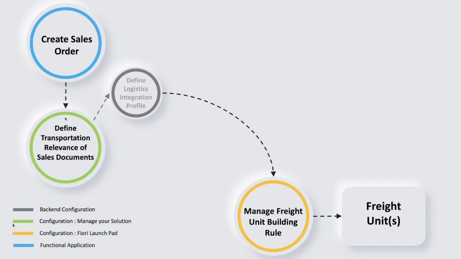So the key takeaway is that there was only one logistics integration profile that applied to your process, and there was only one freight unit building rule that applied to your process.